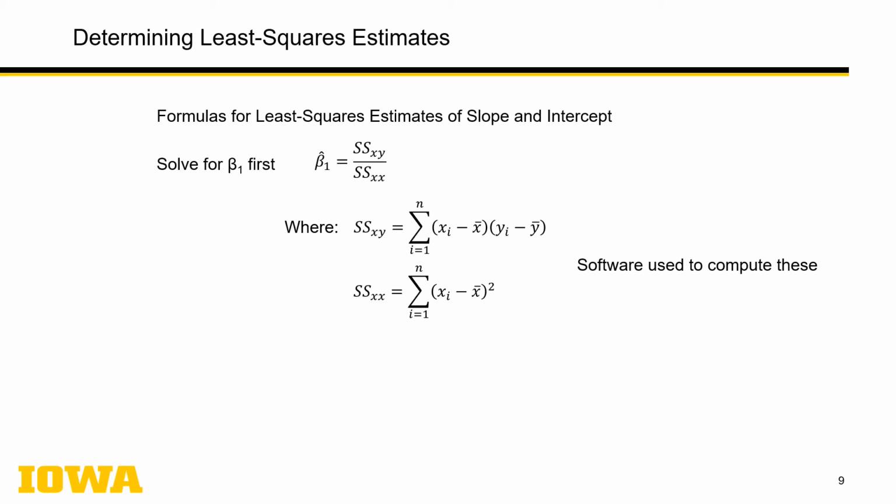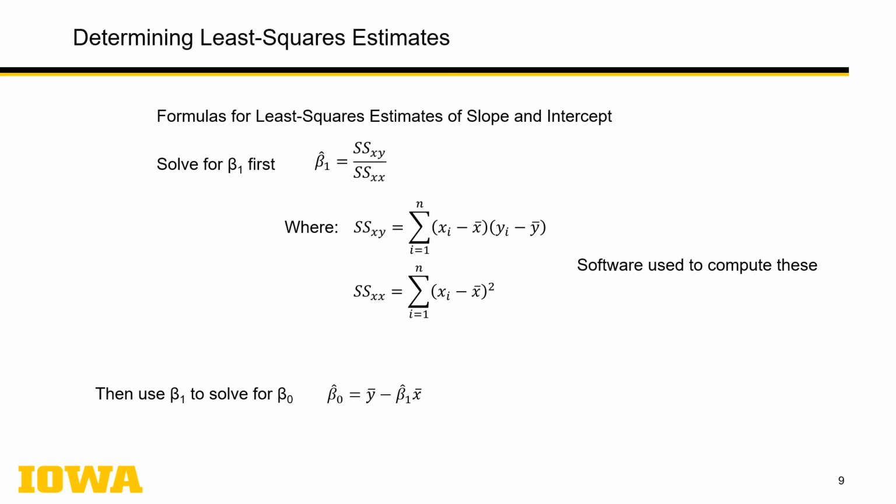So it's kind of interesting to see that beta 1 is the ratio between these two summations of basically the variability of y relative to x, relative to the variation in the x's. That's one definition of a slope.